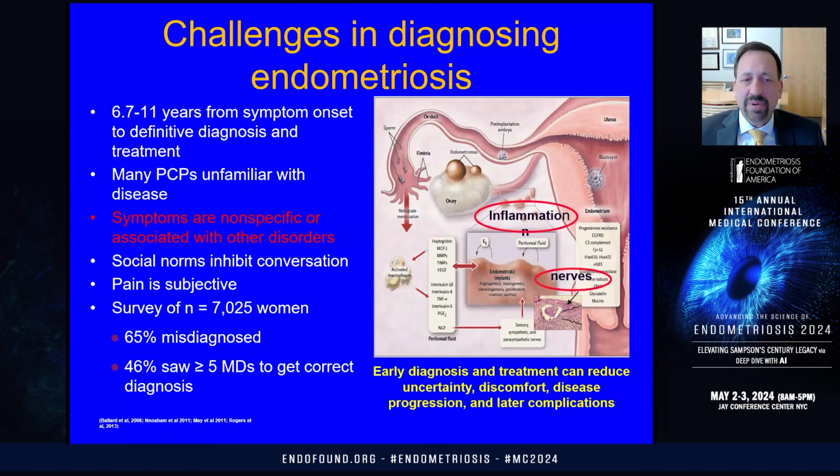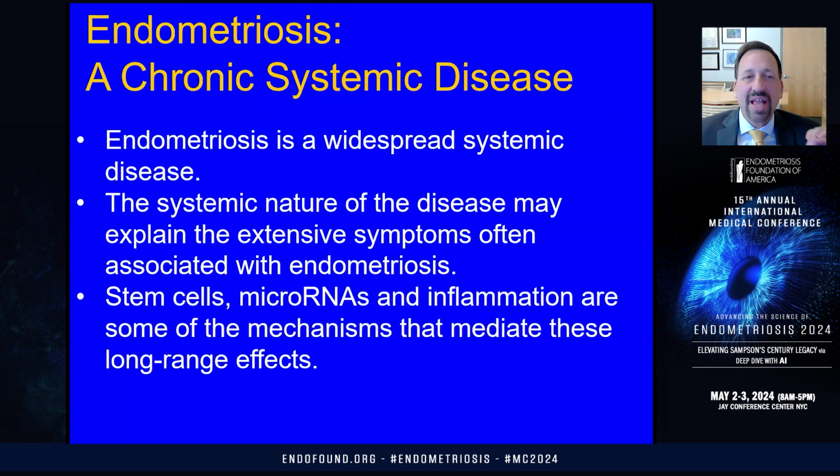We know that endometriosis is misdiagnosed in the majority of cases, and it takes women, half of women, over 5 physicians before they get the right diagnosis. We can do better, and part of it's going to be understanding this systemic nature of the disease. It is a widespread systemic disease. The systemic nature explains these extensive symptoms often associated with endometriosis.